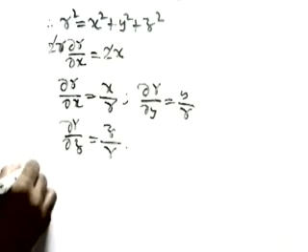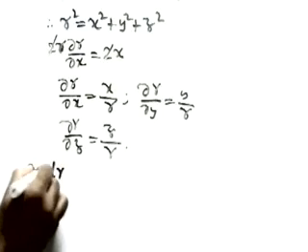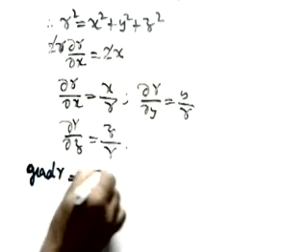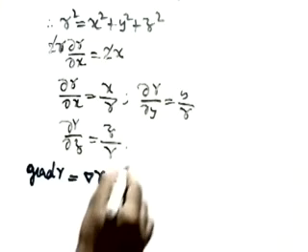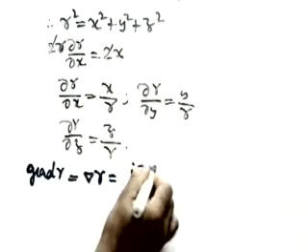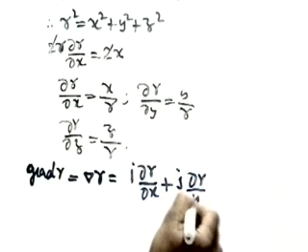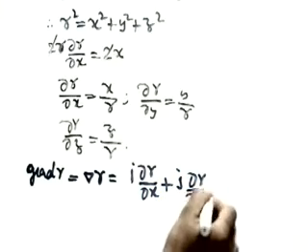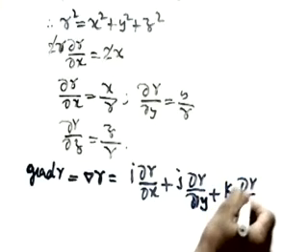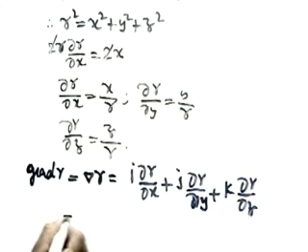Now let us start. What we have to prove? We have to take gradient r. This is nothing but del r. What is the formula of del r? i dou r by dou x plus j dou r by dou y plus k dou r by dou z.